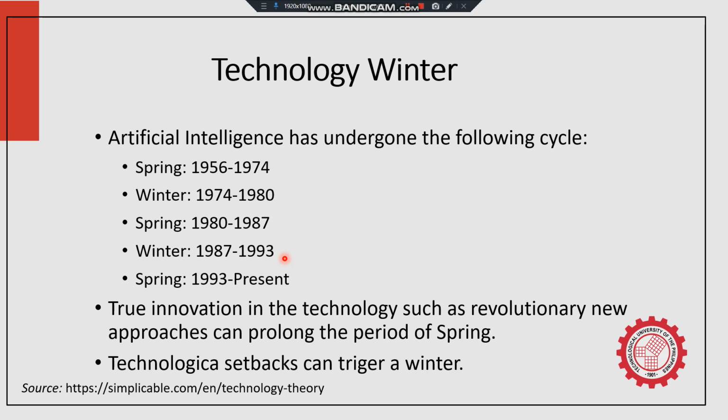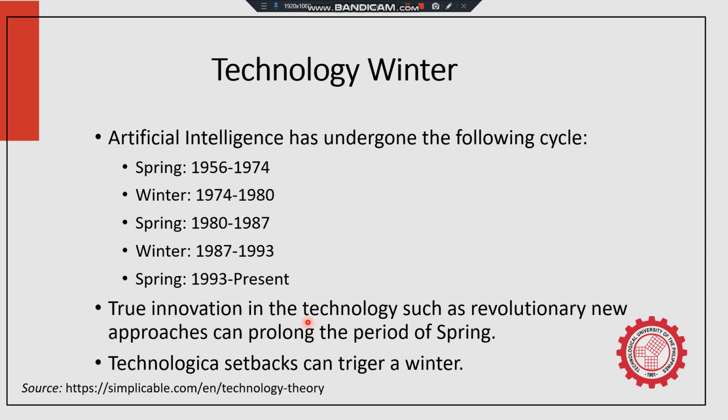Artificial intelligence was not used much again. And from 1993 up to the present, it's booming again, especially nowadays, just last year or a few years before, I really only hear about artificial intelligence.